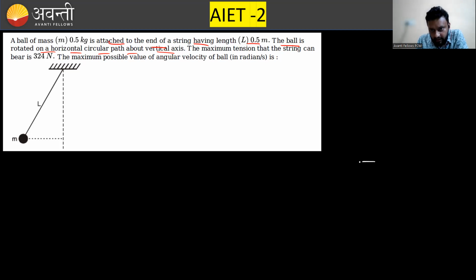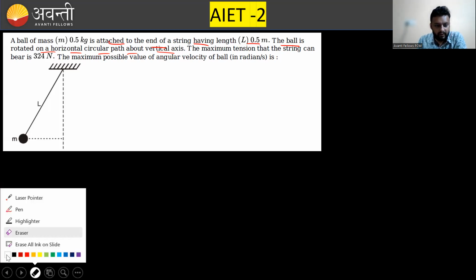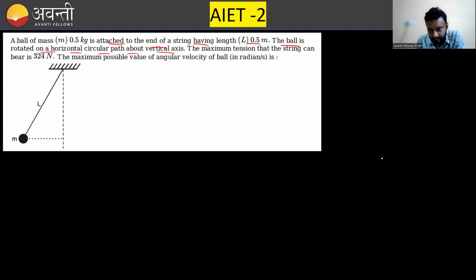This ball is rotated in a horizontal circle, something like that. This is the vertical hinge. This is the string.